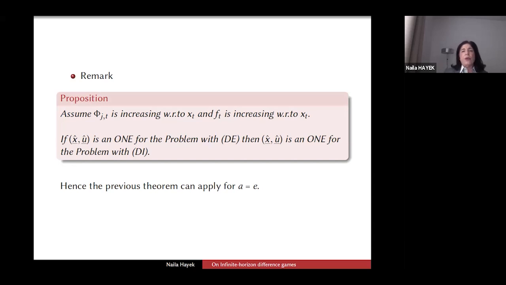I don't know how to do it for weak overtaking Nash equilibrium, but for Nash equilibrium and overtaking Nash equilibrium, these conditions will work if you are in a problem with difference equations instead of difference inequalities.